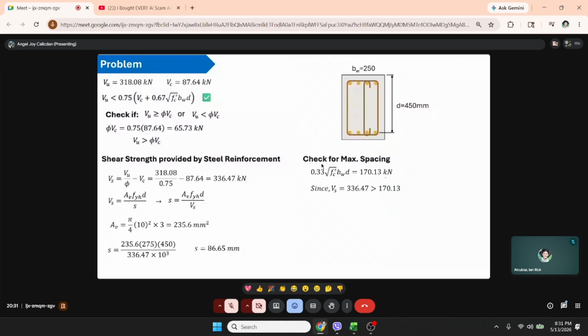Since our VS of 336 is greater than 170, we use D over 4 or 300, the lesser of the two. Since D over 4 is smaller, 112.5, our S max is 112.5.